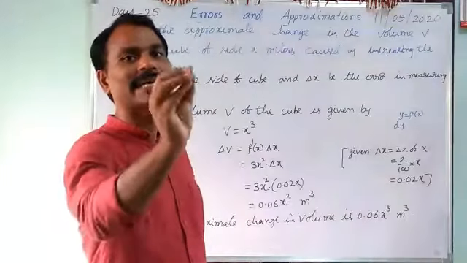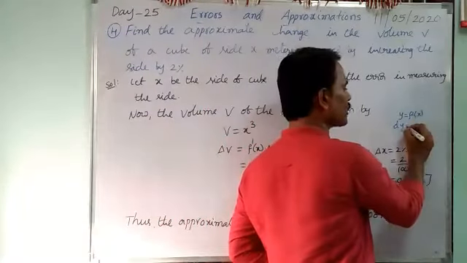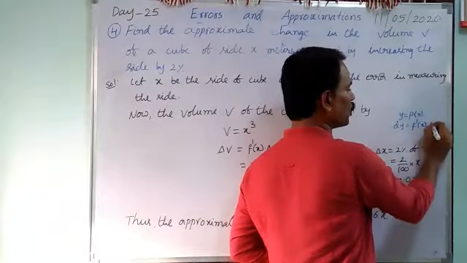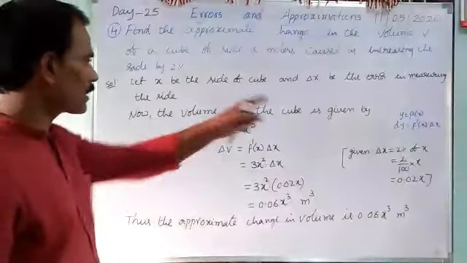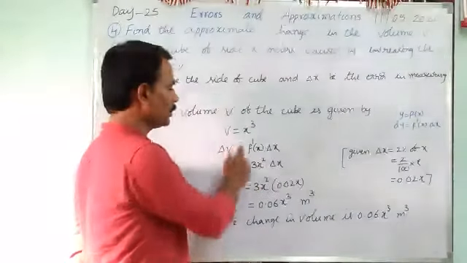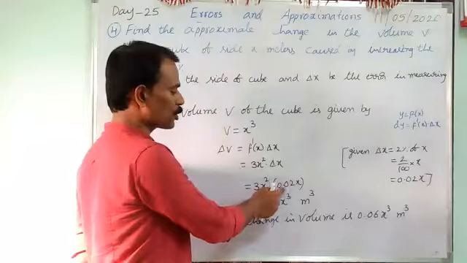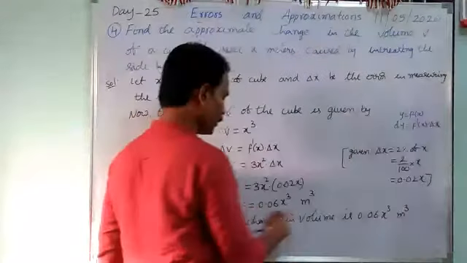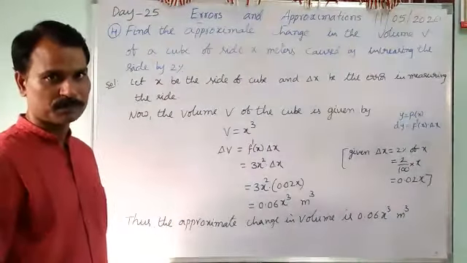He is simply asking the dy value. Y is equal to f of x means dy is equal to f dash of x into delta x. By using that, delta V is equal to f dash of x into dx. X cube derivative is 3x square into delta x. 3x square into 0.02x, because that is the delta x value. By calculating, 0.06x cube meter cube.